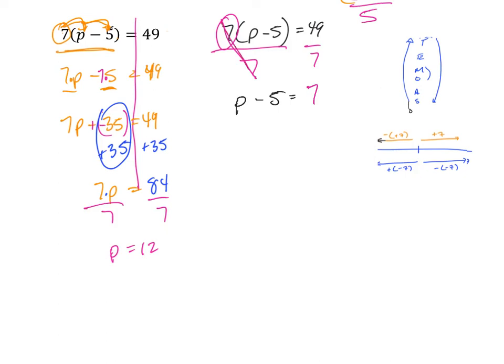The 7 divided by 7 was 1, so I had one set. Now I can look at this and say, well, P minus 5, how do you undo subtracting 5? You're going to add 5 to both sides, and I get that P equals 12. Oh, look, it's the same answer.